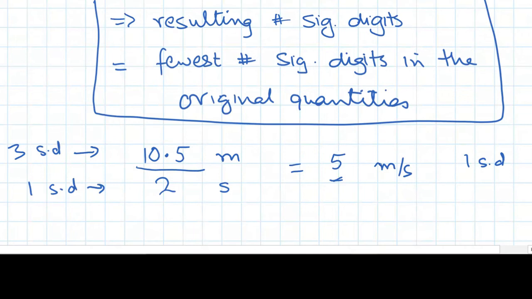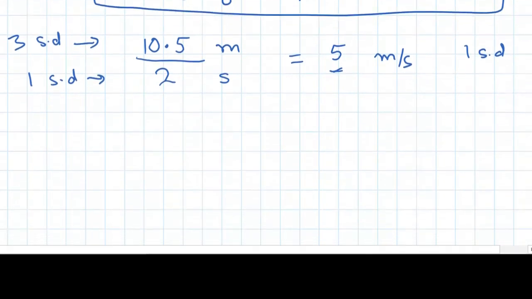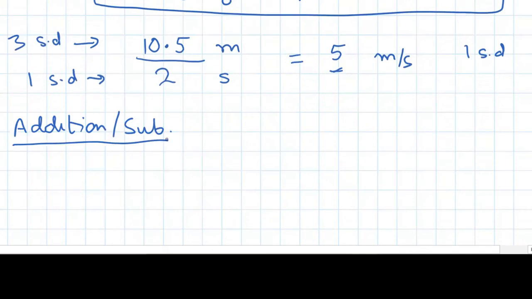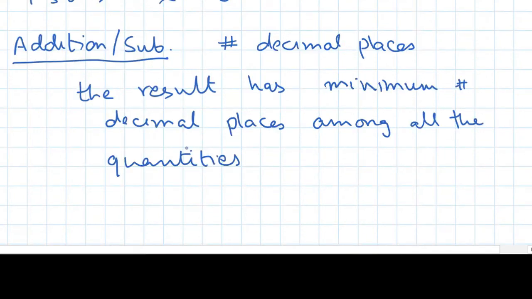When we are doing addition or subtraction, we're talking about the number of decimal places in terms of significant digits.